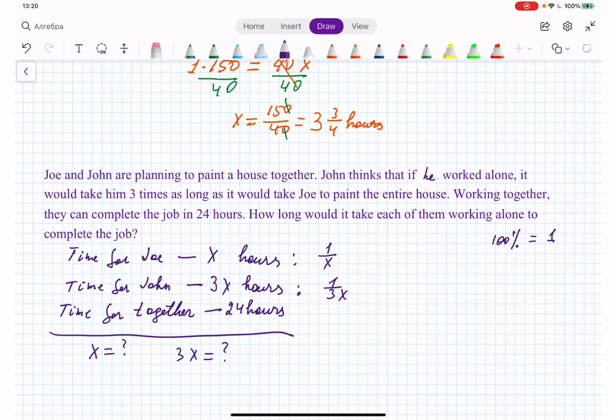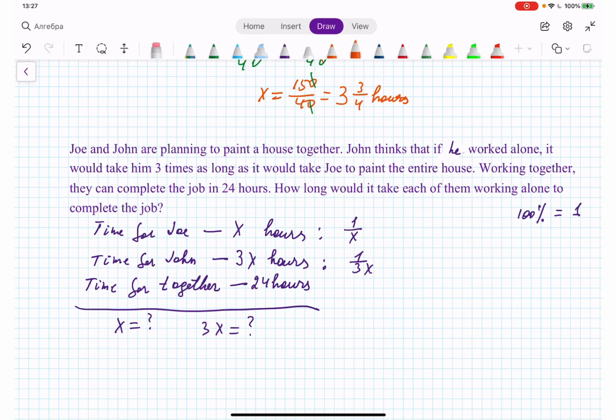And for 24 hours, they will complete the full 100% of the job. Let's see how we are going to build our equation. We use the formula W equals rate times time. Since 24 hours is the together time, we also need to use the rate together. You can't take time for together work and multiply by the rate for only one or the other. It doesn't work that way.